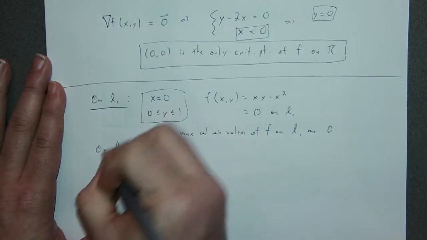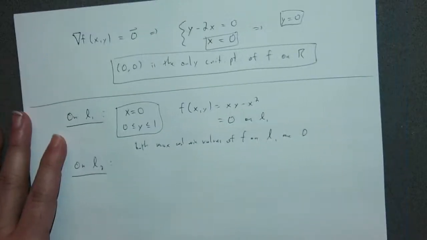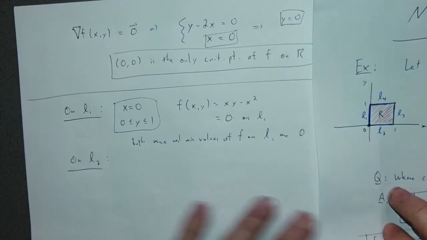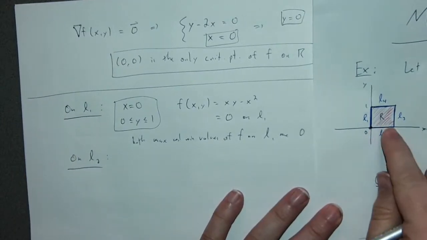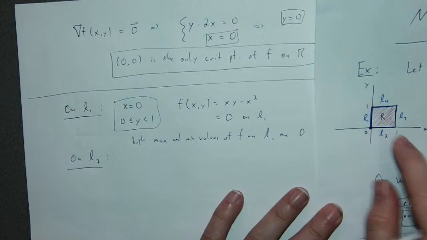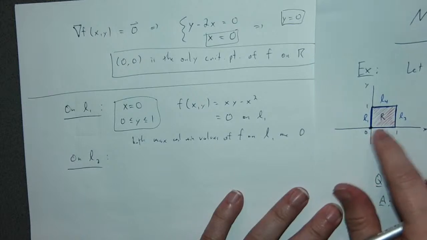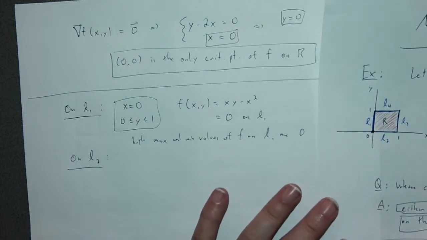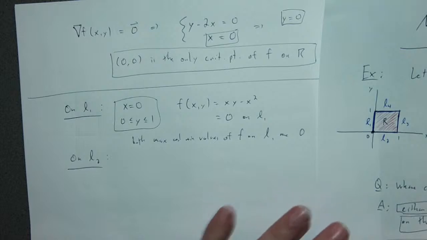What about on L2? This is the bottom. Here, y is 0. This is a piece of the x-axis. So y is 0 here, and x goes between 0 and 1.